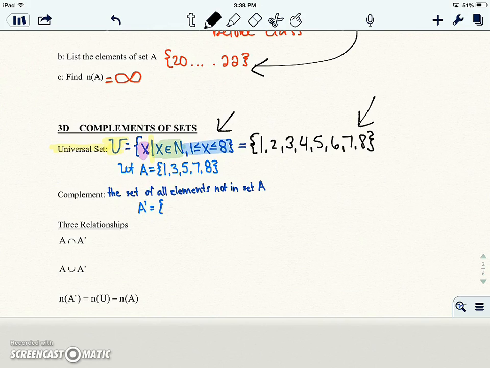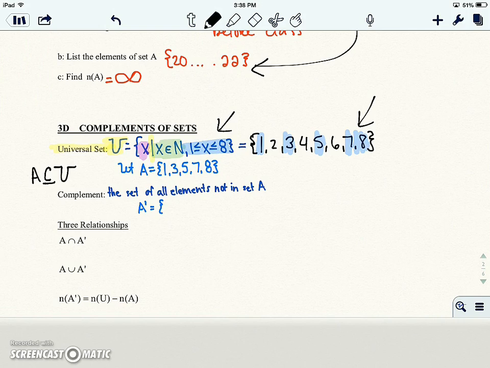And then we have some subset A with just the numbers 1, 3, 5, 7, and 8. So A has the numbers 1, 3, 5, 7, and 8. So it is a subset of U. We could write that down. A is a subset of U, and it should be because the universe contains all the other sets we're going to talk about.